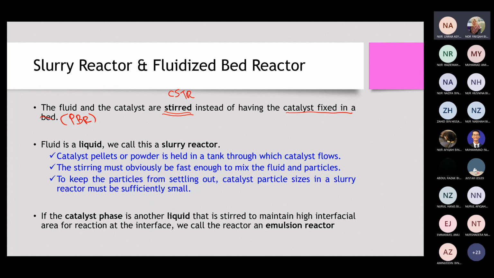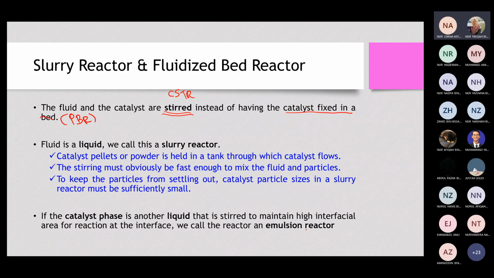If the catalyst phase is another liquid that is stirred to maintain high interfacial area for reaction at the interface, we call the reactor an emulsion reactor. But again, the concept we can assume follows that of a CSTR because of the stirring.